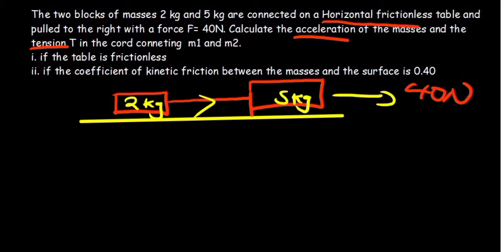So the first question is to calculate the acceleration and the tension. We have to come up with a relationship that is going to help us solve this question. How do we go about it? We're going to study these masses one by one. I'll let the small mass be M1 and the other one be M2 to start with. What did we say? The net force is the force that leads to acceleration.